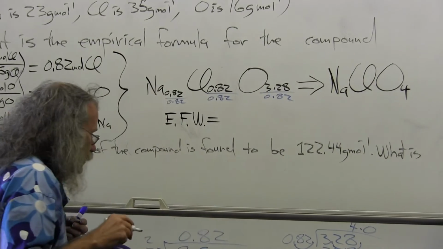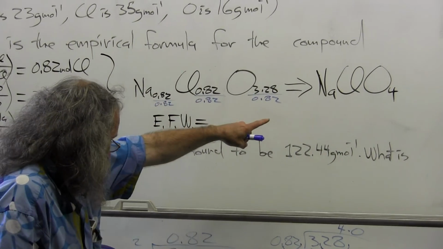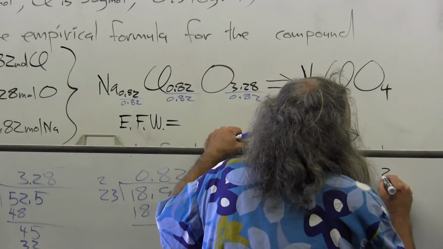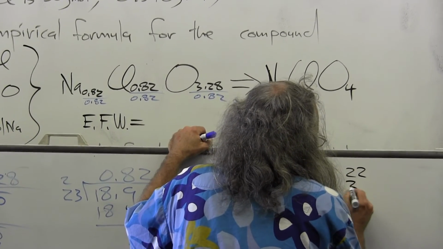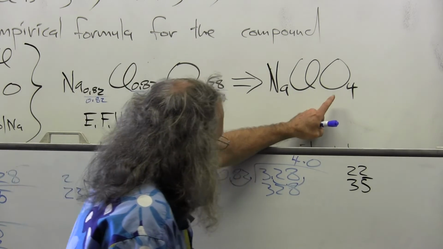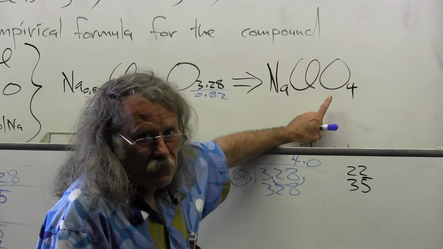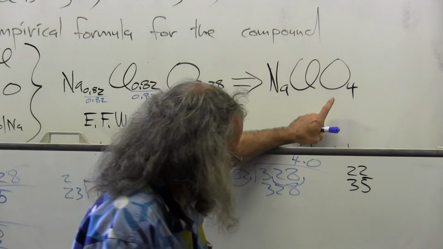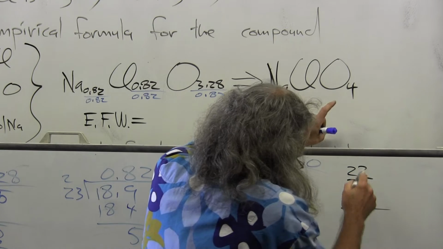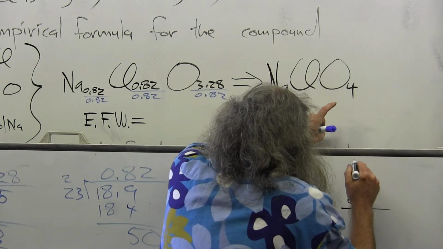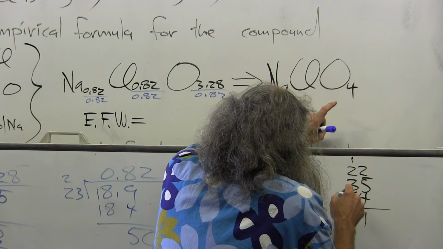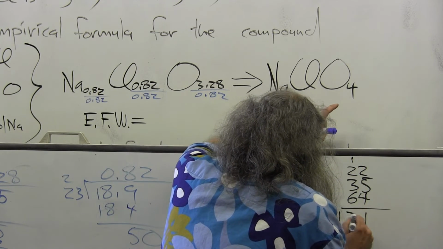Our mass is going to be 22 plus 35 plus 4 times 16. 16 times 4 is 64, plus 64. Okay, 4 is 9, 10, 11. 6 and 3 is 9, so that's 121.